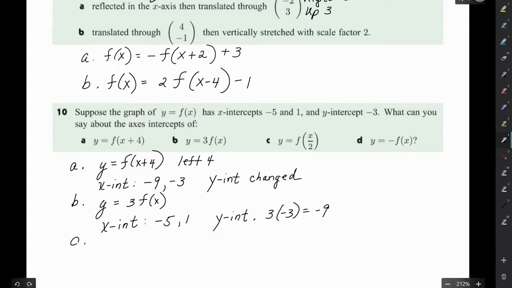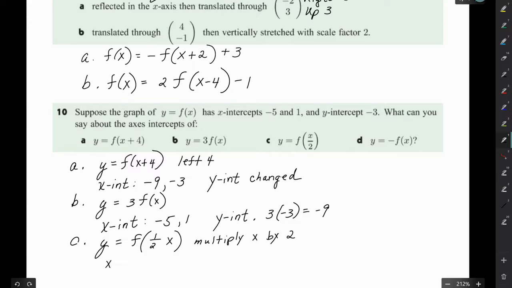All right, letter C. We have y equals f of, I'm going to rewrite this as 1/2 x. That'll help me out a lot. And that means that we have a horizontal stretch. So we're going to be multiplying our x values by 2.